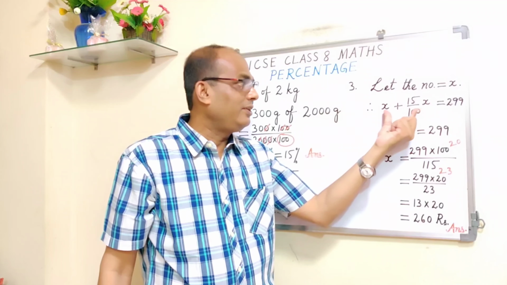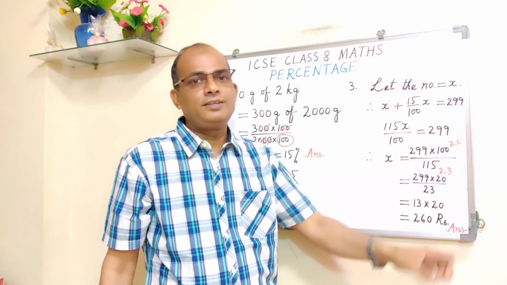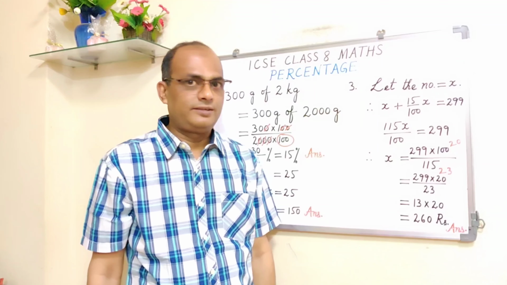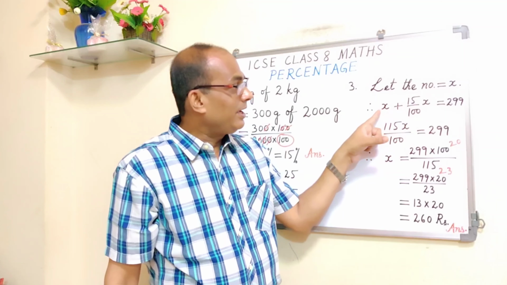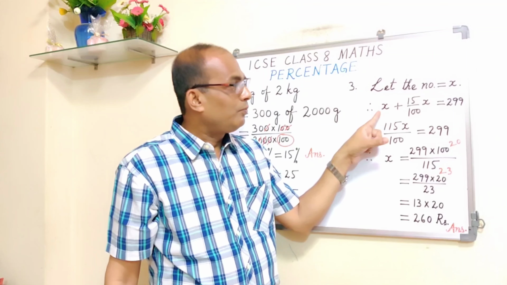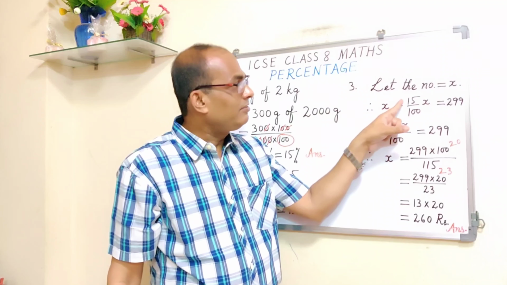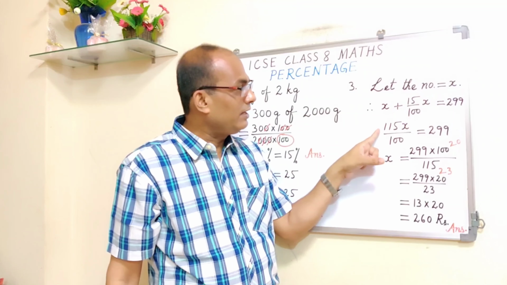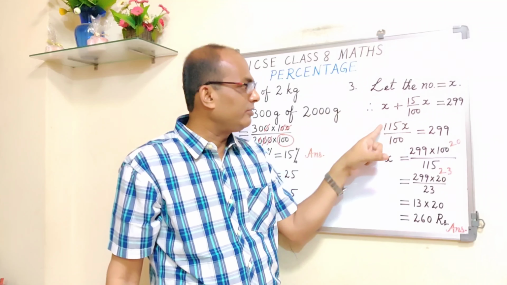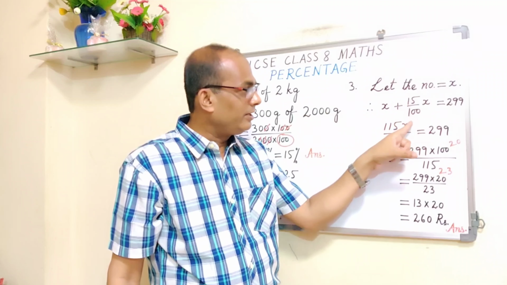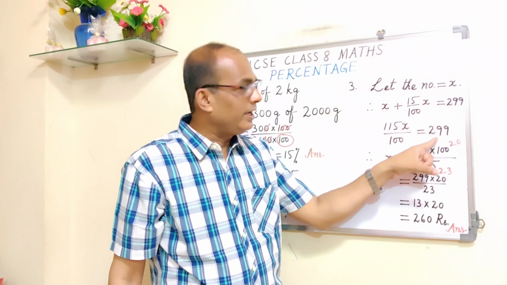So when you add the two, the number becomes 299. Now you add 100 multiplied by x, that is 100x plus 15x, that means 115x. So 115x whole divided by 100 is equal to 299.